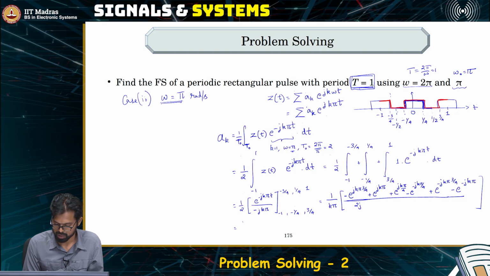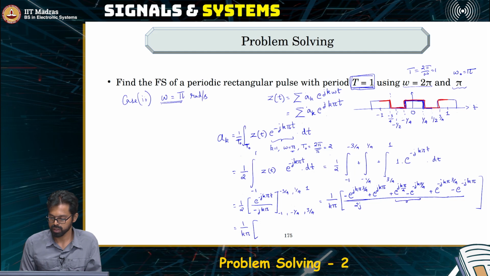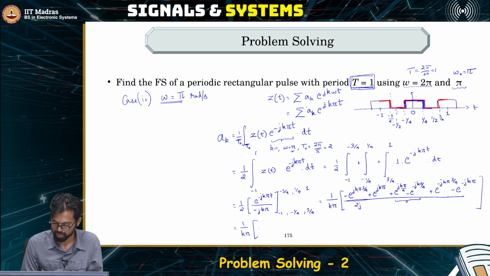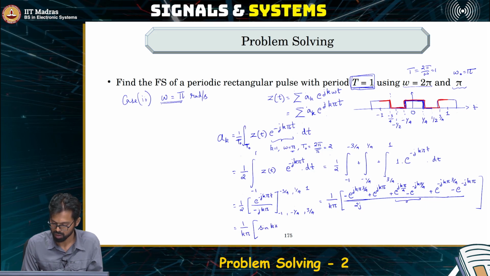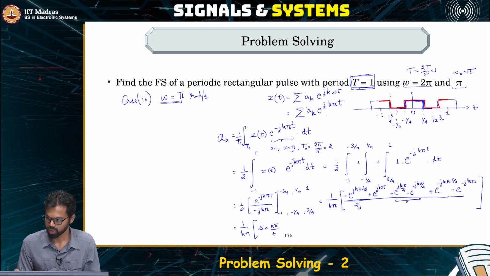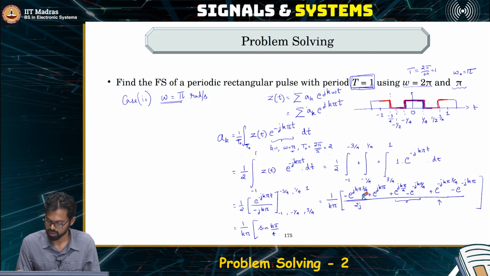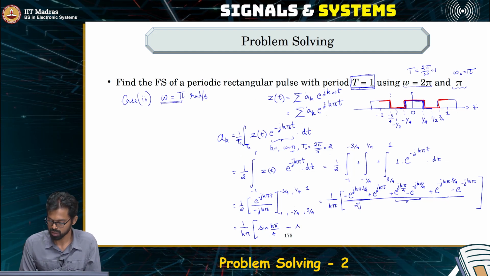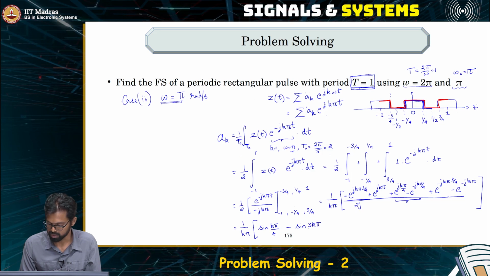So simplifying this, we get 1 by k pi. This is the same thing that we had earlier, which gives us sine k pi by 4, and the 3 by 4 term put together you get minus sine 3k pi by 4.